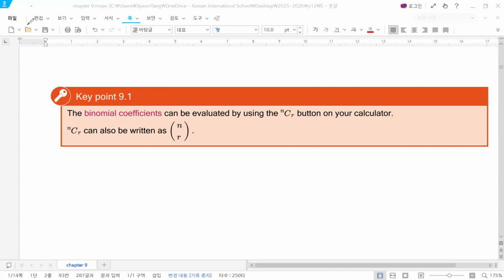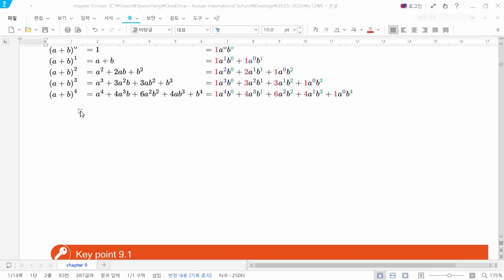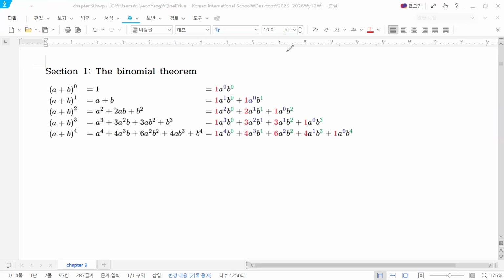Okay, so binomial, I am going to explain what it means, guys. Let's imagine (a + b) to the power of n, okay? In this case, where we start is a to the power of n, plus a to the power of n minus 1, and then b. The index of a is descending. The index of b is ascending, okay? It's increasing.